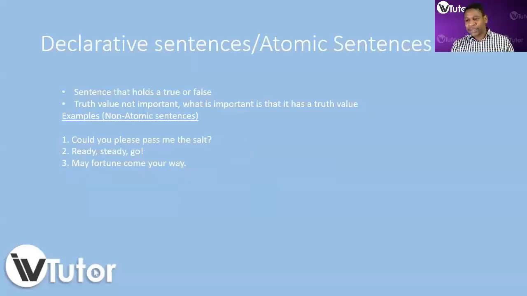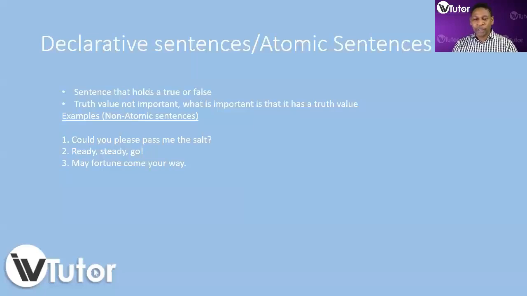Now, some sentences are not atomic or declarative sentences: those where we can neither be sure, or where there is another question you need to ask to have enough information to answer. For you to have the confidence to say true or false, you need to gain more information.